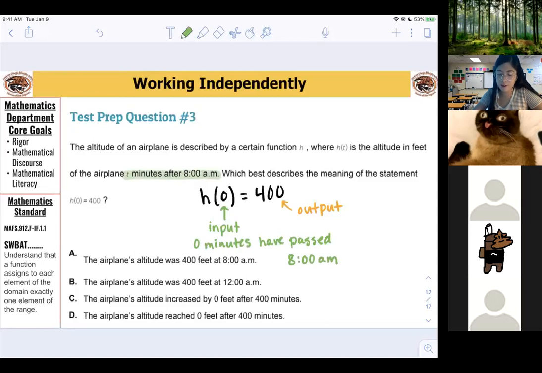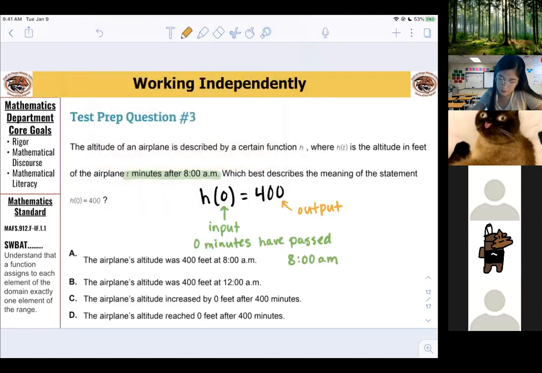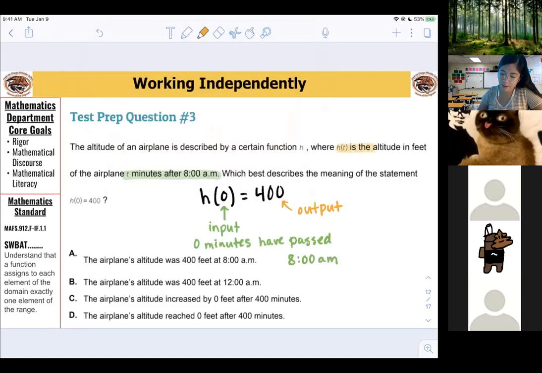However, let's also explain the output. My output, what does that represent? The altitude in feet. So that means 400 represents 400 what? Feet in the air.